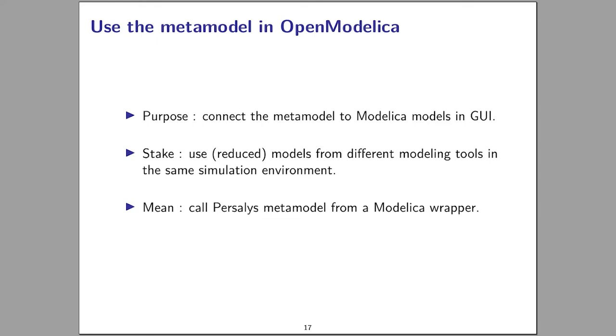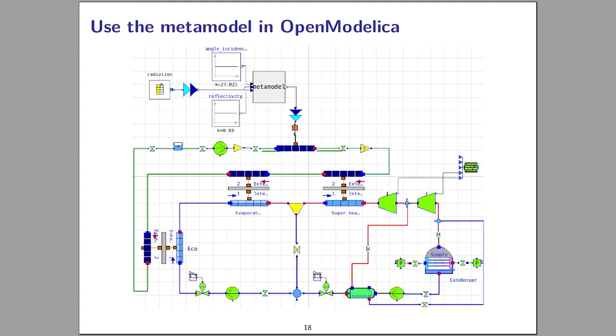And how do we do this? We basically create a Modelica wrapper that is going to call the Persalys meta-model. And here you can see the result. I'm not extending on all the technical details. You can see here a thermal power plant from the ThermoSysPro library.